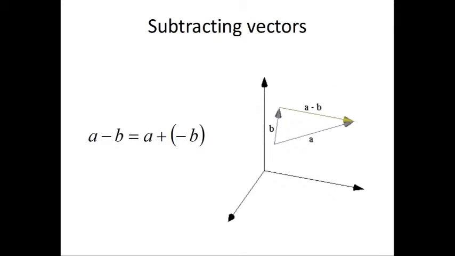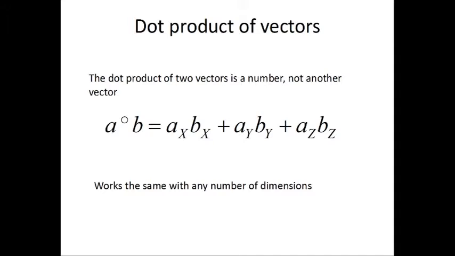Subtracting vectors, we can also just view that as adding the negative vector to a vector, but graphically here on the right side you can see that if you basically draw A and B in a way where you start them at the same place and draw them from there, then you can take each of their ends and the difference between the vectors will be a vector between those points. So those are all fairly simple and straightforward operations on a vector.